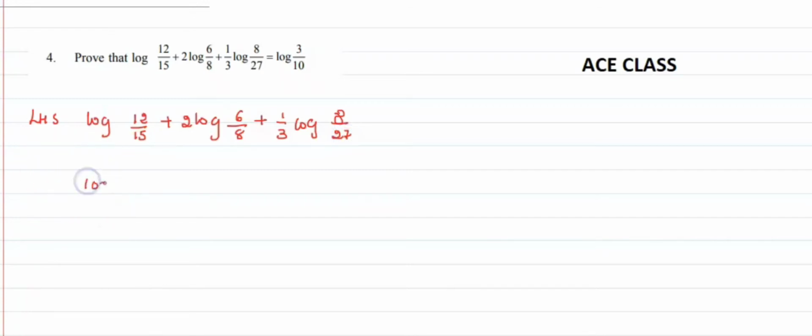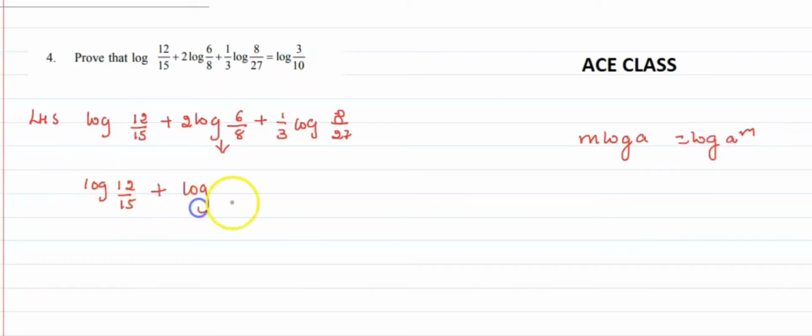This log of 12 by 15 I'll write as it is. For m log a, as I've already mentioned, m log a can be written as log of a to the power of m. So I will write this as log of 6 by 8 whole to the power of 2 plus log of 8 by 27 whole to the power of 1 by 3.